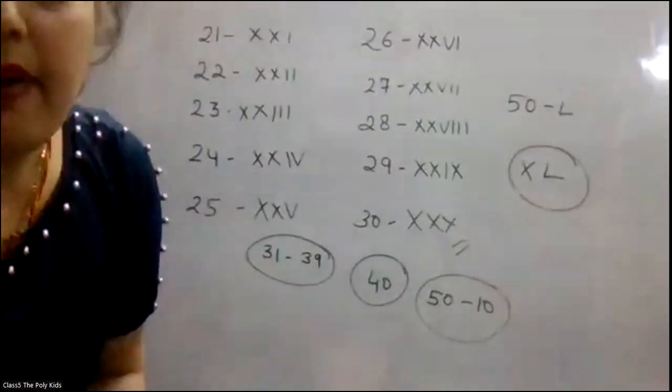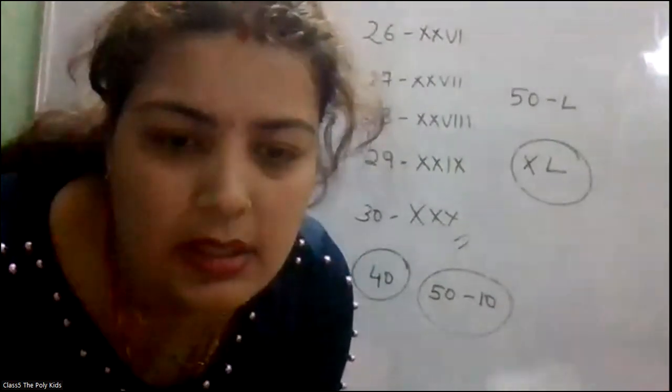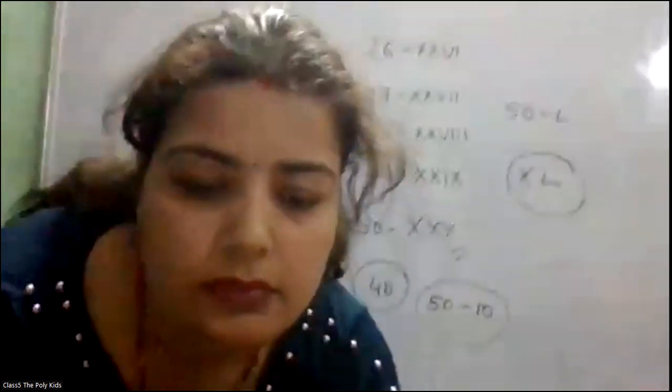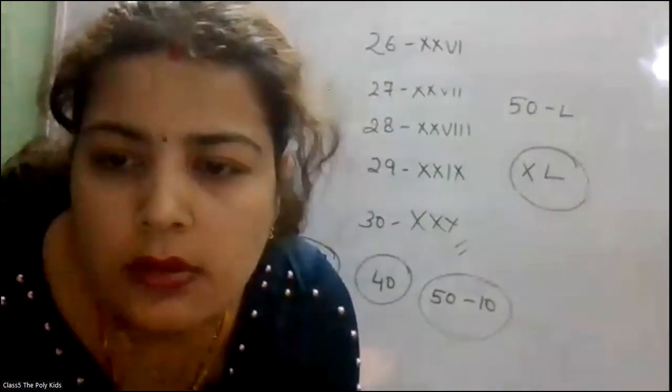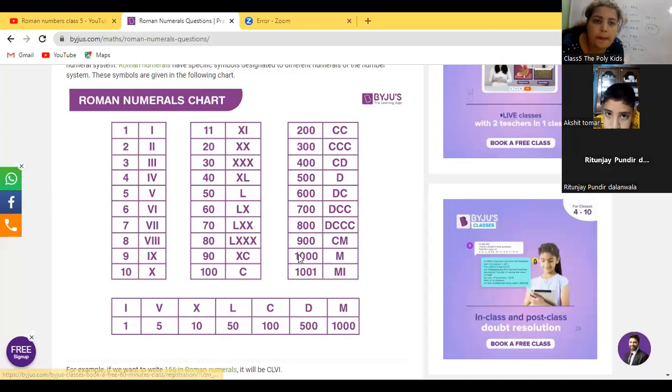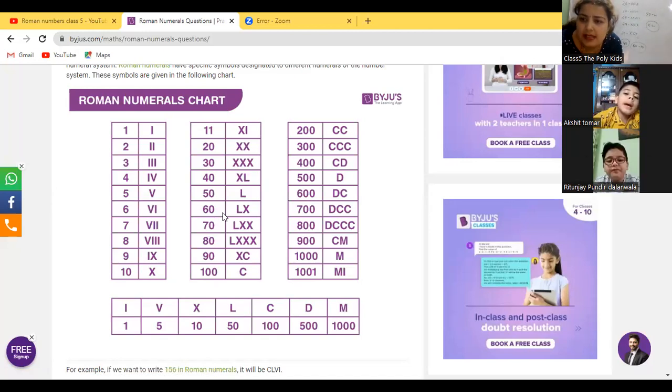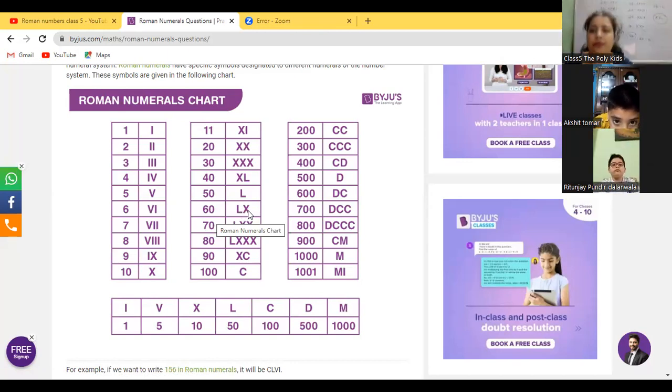Okay. So now after it, I'm sharing the screen. Here, if it is 60, 50 plus 10 is 60, LX. So clear it in your mind: if it is 40, it means minus 10.